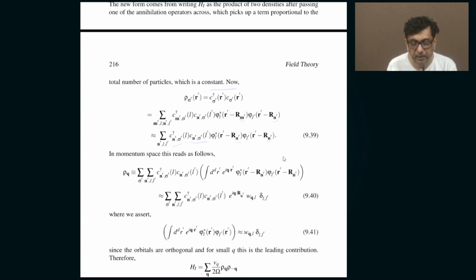In the case of hopping, that led to a trivial additive constant, which was uninteresting, but here it will not be trivial. The idea is that you re-express your rho q, which is your Fourier transform density, in terms of these integrals which involve the overlap between the orbitals l and l' of this particular atom.